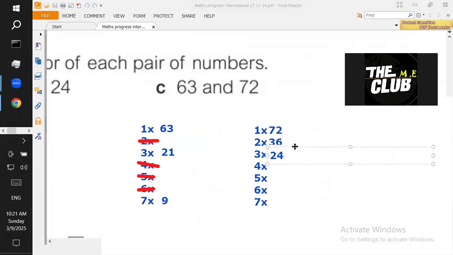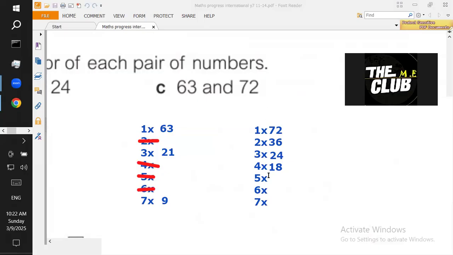Same idea with 4. If I can divide it by 2, I can divide by 4, right? Because 72 divided by 4, yes, will give me 18. It's like dividing 36 by 2. Now, can I divide by 5? It doesn't end with 5 or 0, so it means it can't be divided by 5.